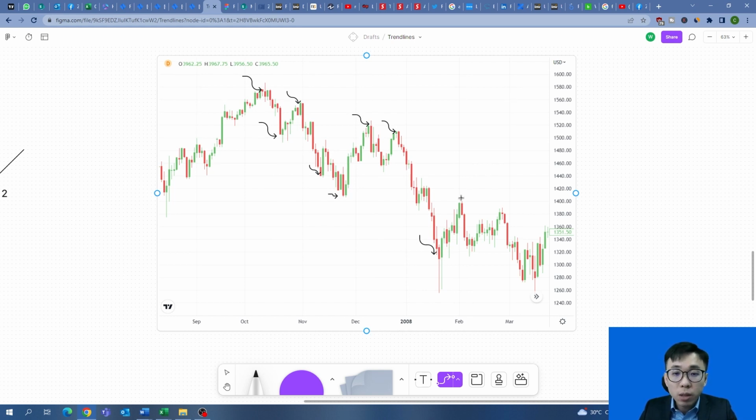So let's start from these few parts here. You can see here, this is the high. But when we compare this high with the previous high, it is lower than before. And when we compare the lows, the latest low over here is significantly lower than the previous low over here, and so on as it goes along. So this is a downtrend in real life application.